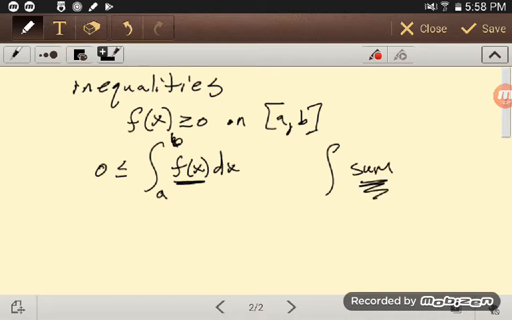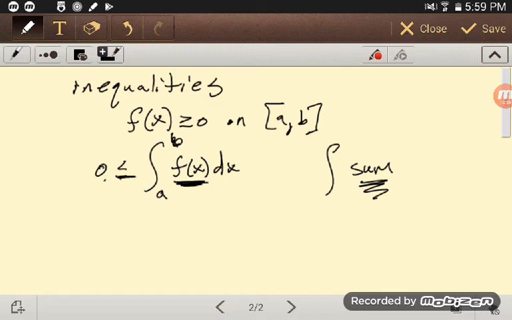And so if f of x is non-negative, then I'm just adding up a bunch of things that are non-negative, mostly positive probably. And so if I add up a bunch of positive numbers, well, I can only get a positive result. Now, it's possible, I guess, I could be adding a bunch of zeros and get zero, so the equal to part. But if I'm just adding up a bunch of non-negative numbers, I should get a non-negative answer.